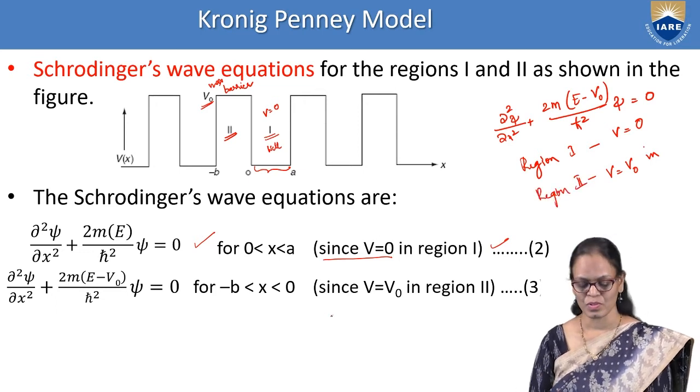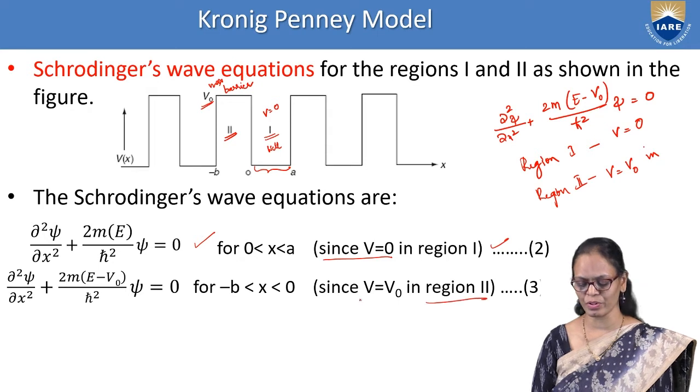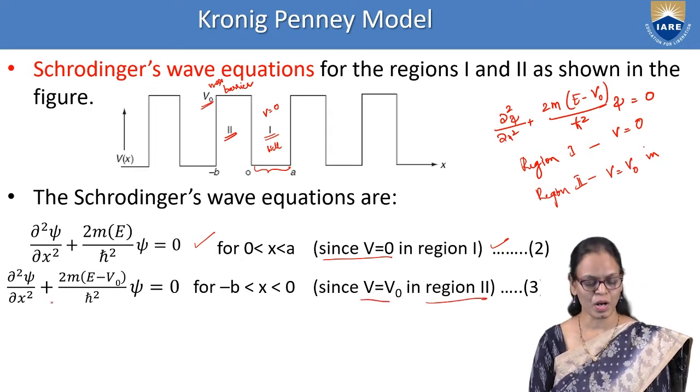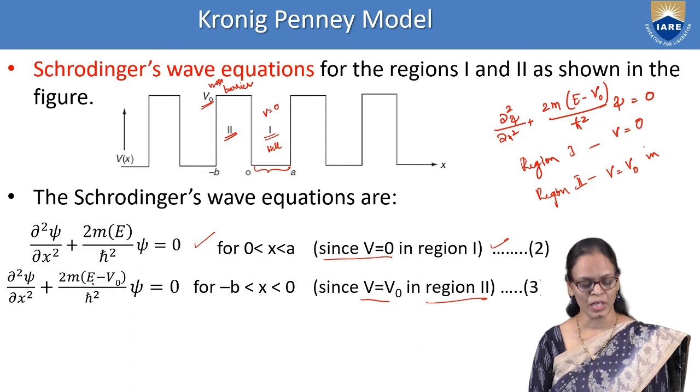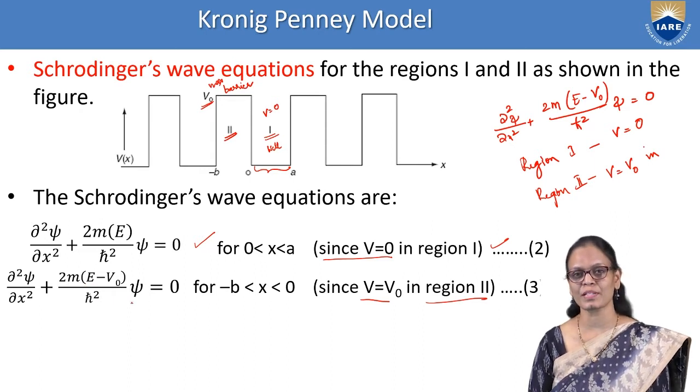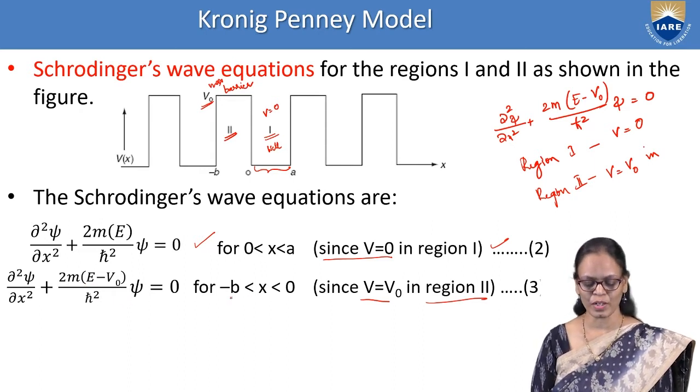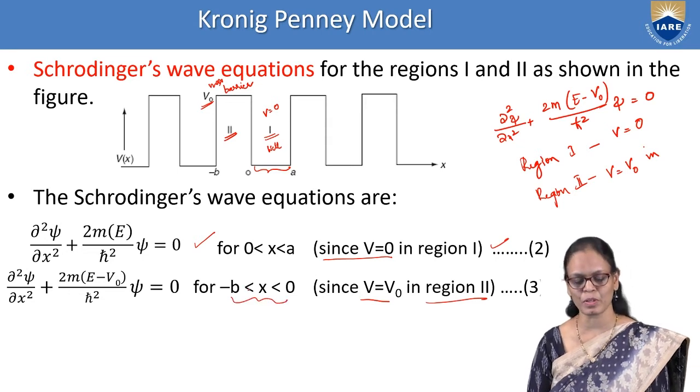So how is the equation modified? Dou square psi by dou x square plus 2m into E minus V naught by h cross square psi is equal to 0.